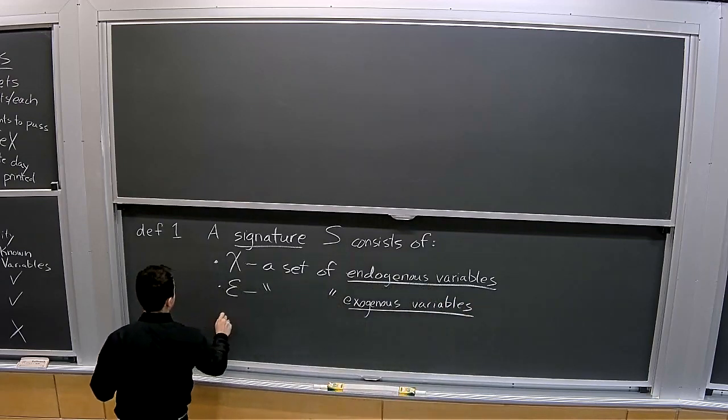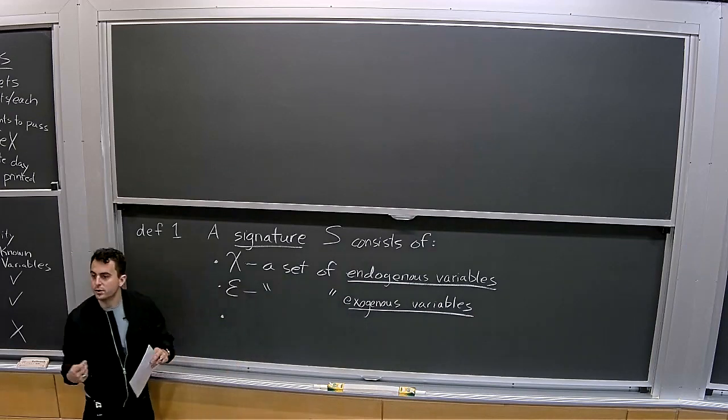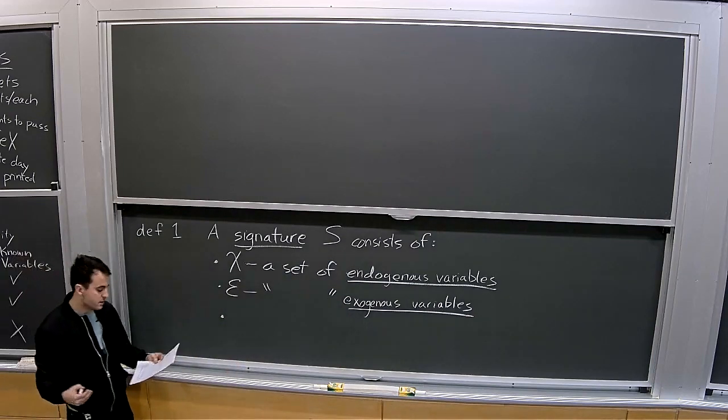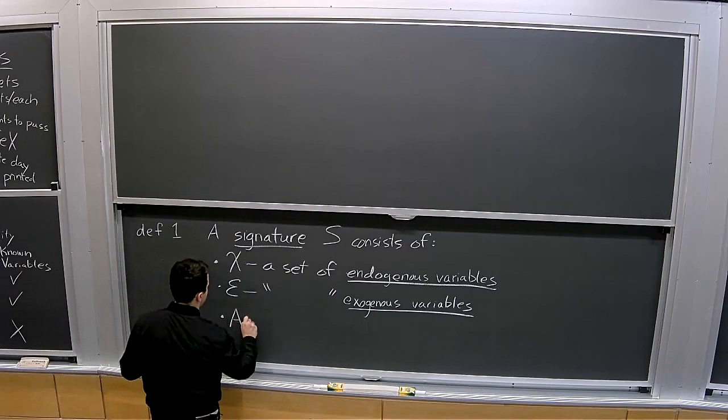And then finally, for each of these variables, we're going to want to know what kind of values they can take on. So we're going to have a range function.